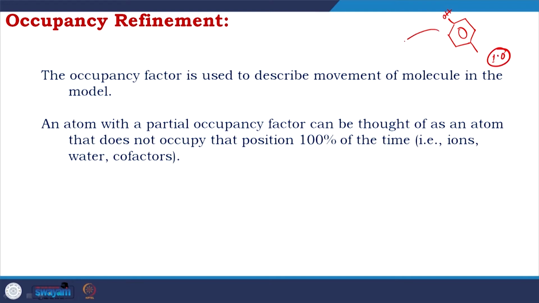But if the tyrosine has 2 conformers, then the occupancy would probably be 0.5, 0.5, but interestingly it might be others too.